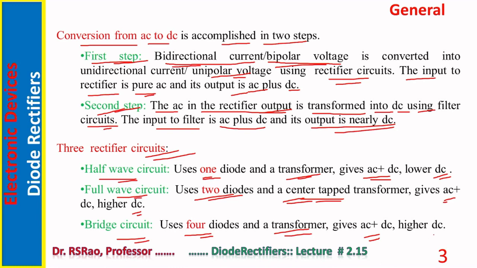In bridge circuit also, DC is high. As DC is low and rectifier circuit is there to give DC, one can say half wave circuits are crude when compared to the remaining two circuits.